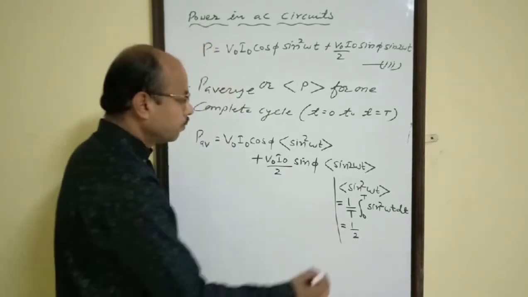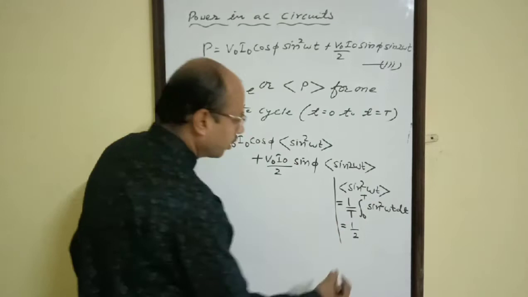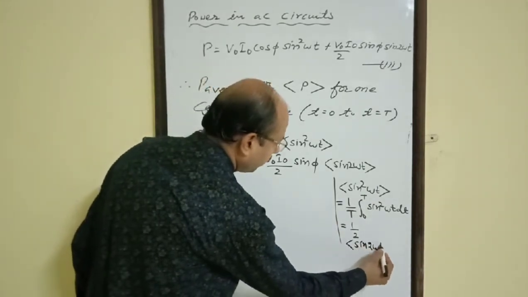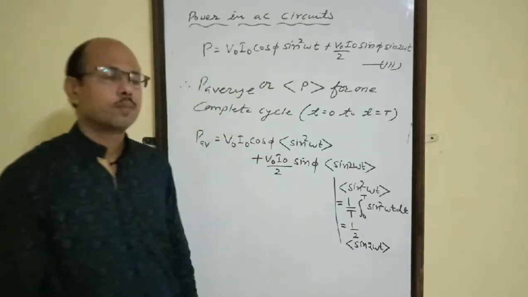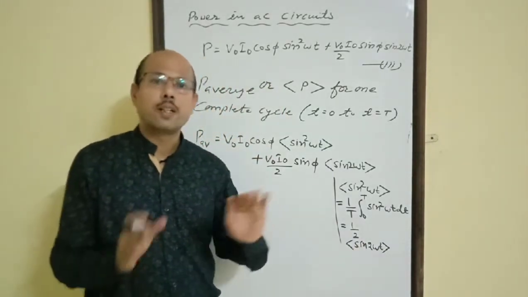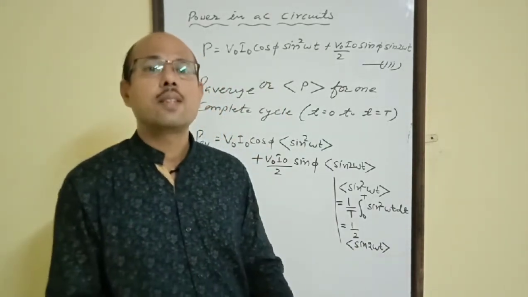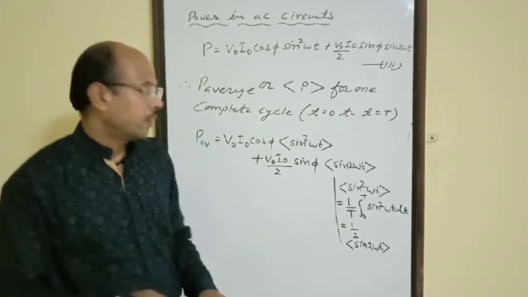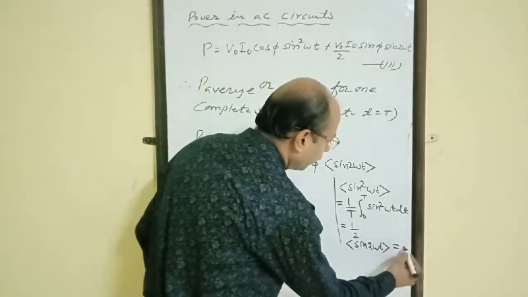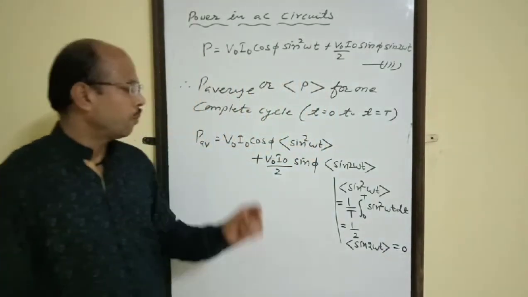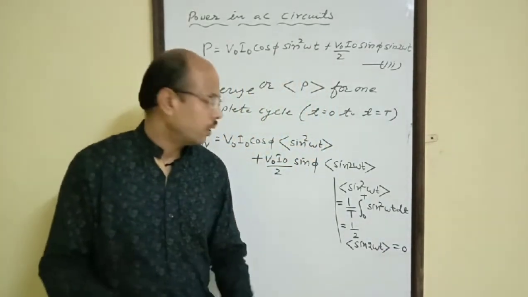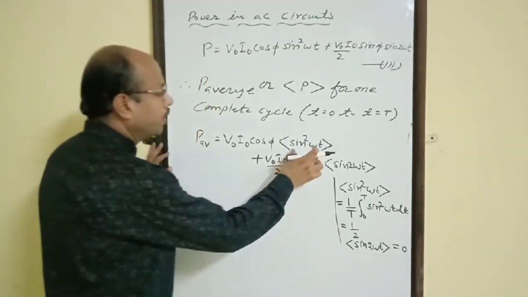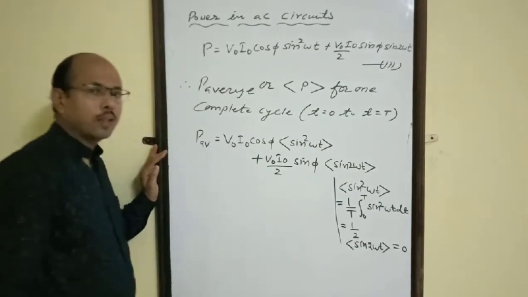Similarly, the average value of sine 2 omega t, sine 3 omega t, sine 4 omega t, or directly sine omega t, will be 0. The average value of sine theta or cos theta for one complete cycle is 0. Therefore, we are using these two values directly.